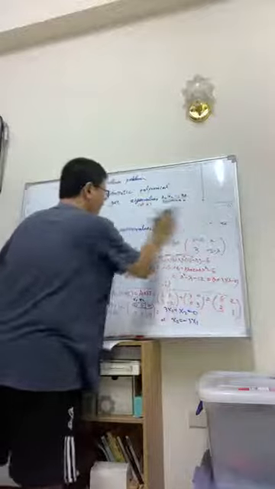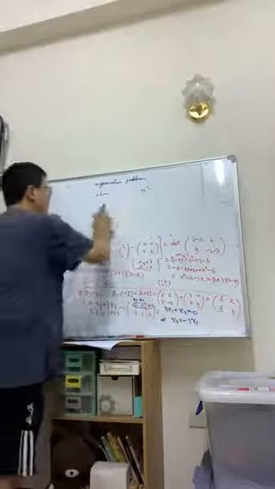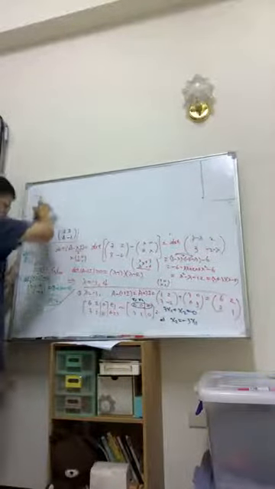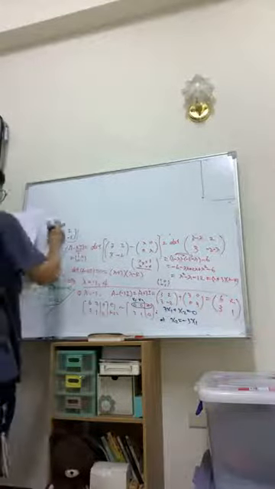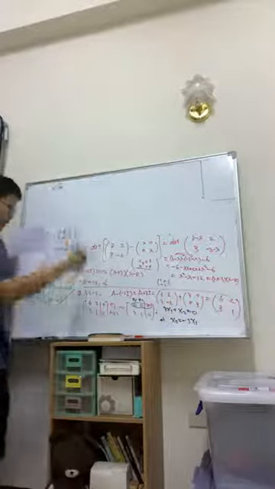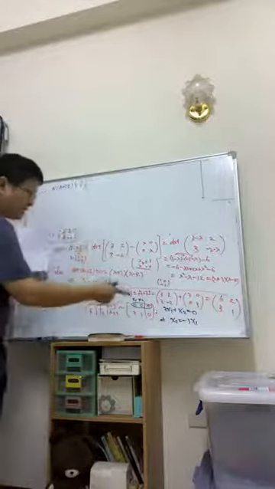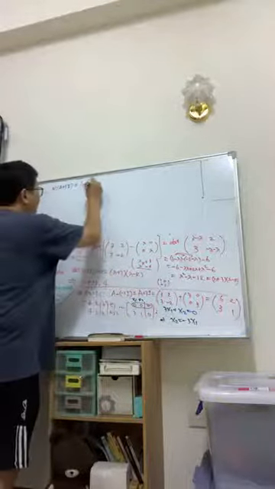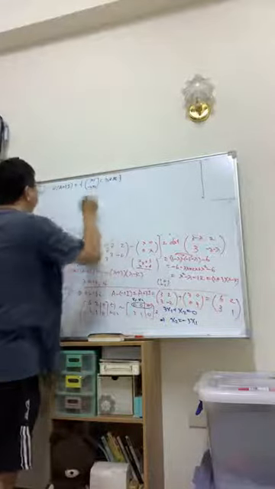So, what's the eigenspace? The eigenspace for the eigenvalue negative 3, let me write it down. The null space of A subtract negative 3i, which is A plus 3i, is exactly x2 equals negative 3x1, and x1 is any real number, right?